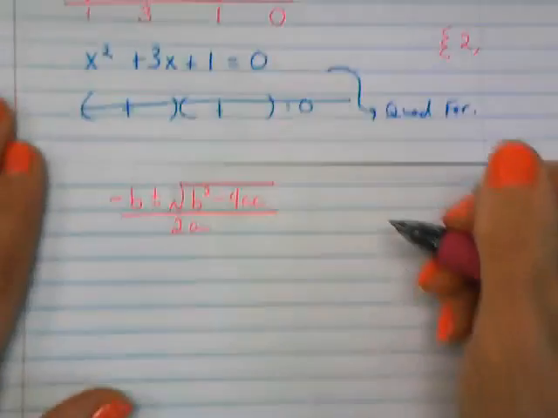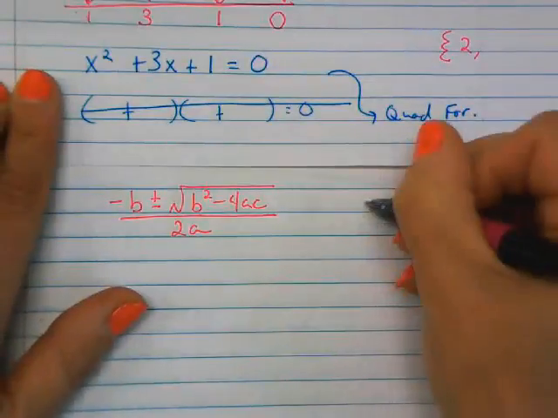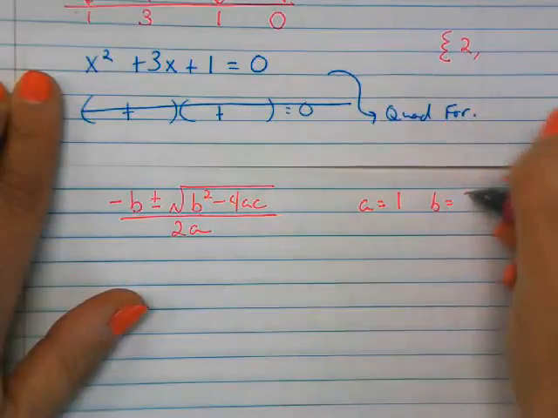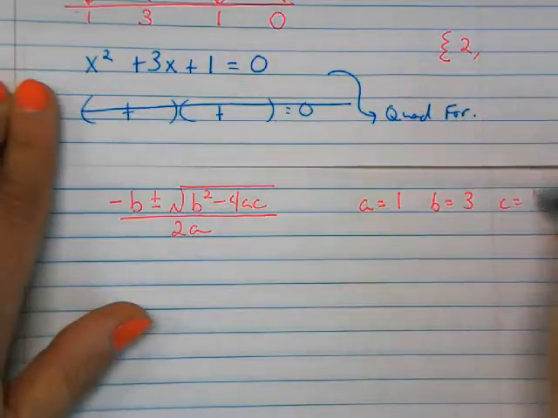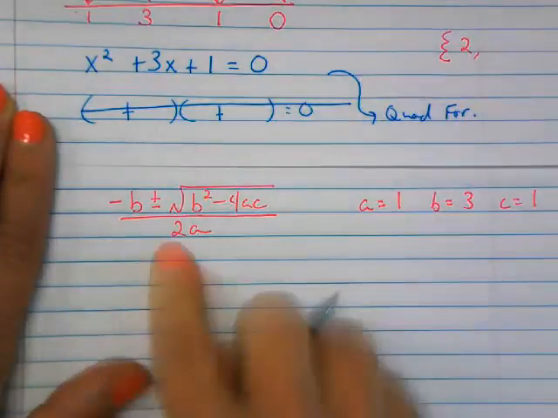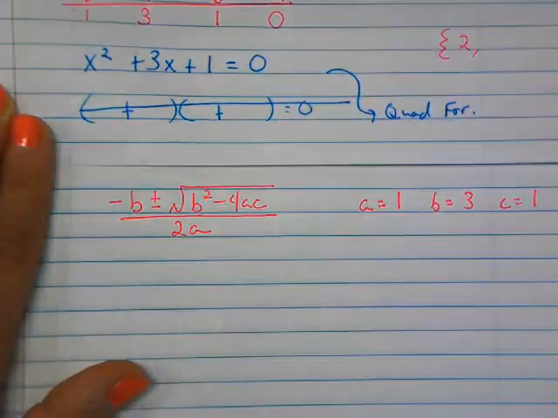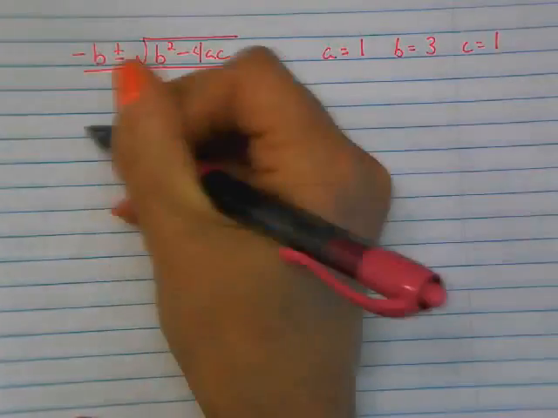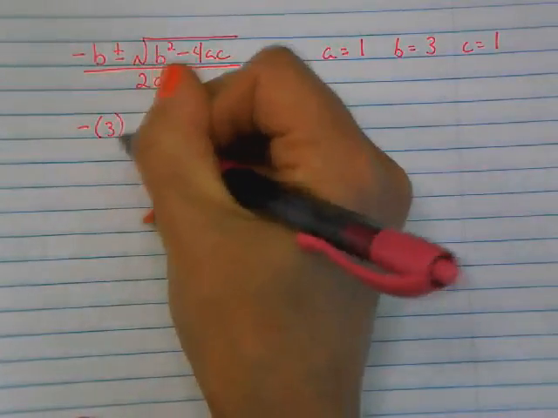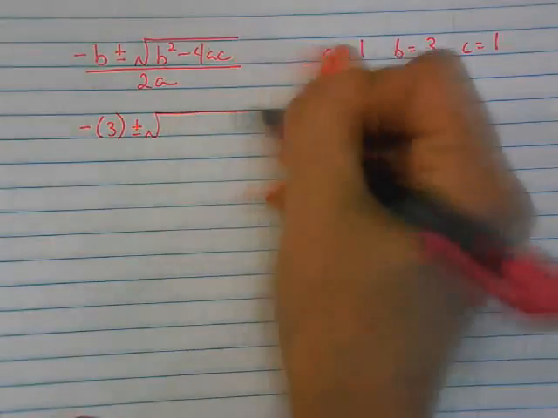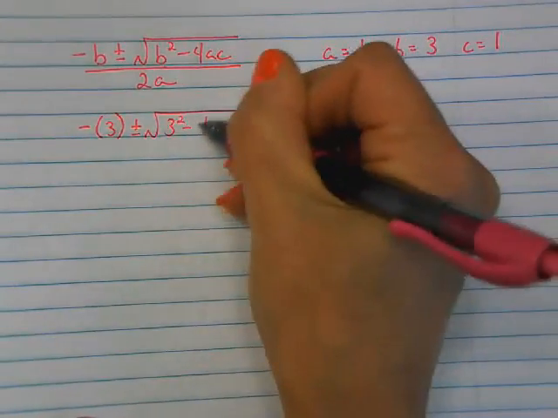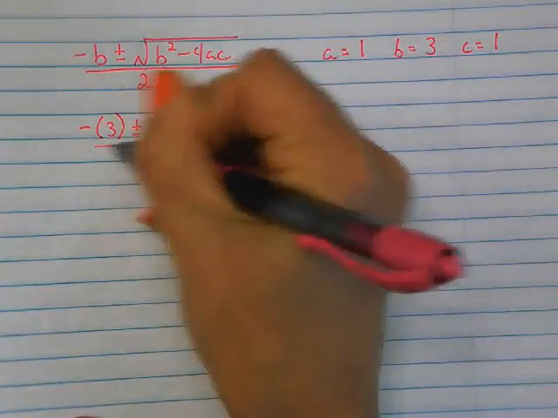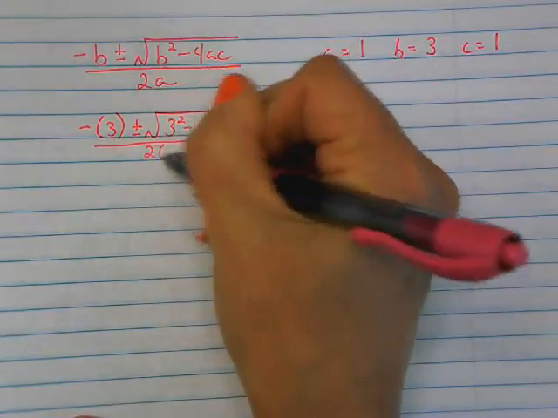Alright, look at your terms here. So if you need to, a is 1, b is 3, c is 1. And now plug those in here and see what we can get. So negative of 3 plus or minus the square root of 3 squared minus 4 times 1 times 1 all over 2 times 1.